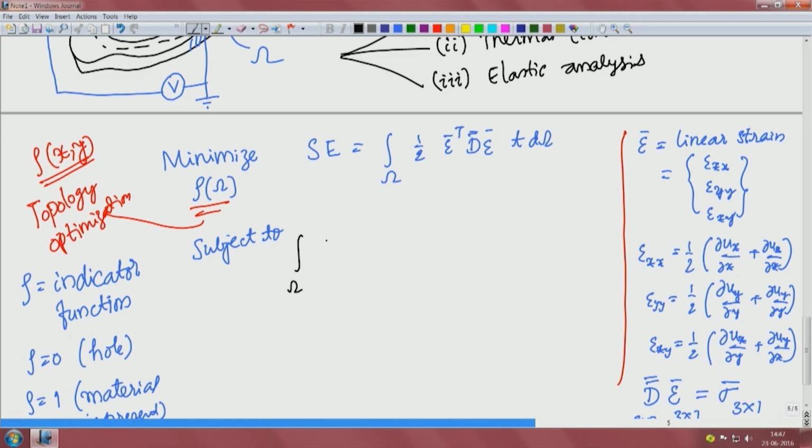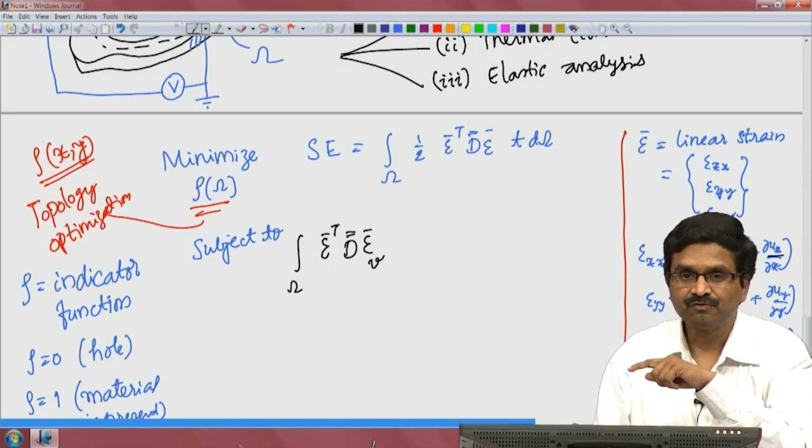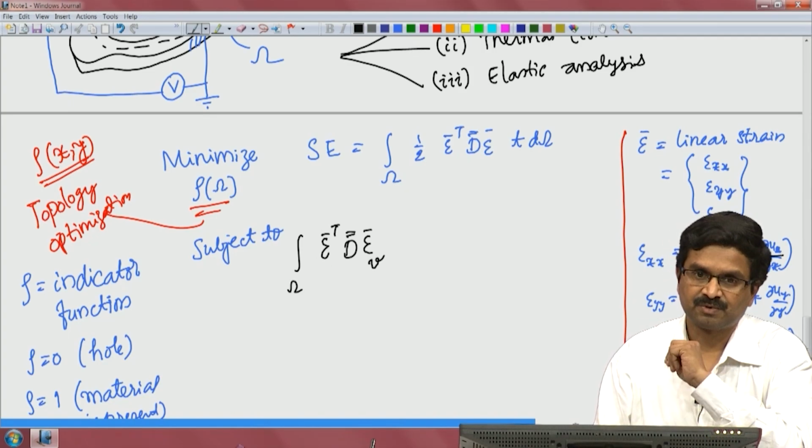That is, I would write this as epsilon transpose D epsilon v to indicate that it is a weak form, meaning that instead of ux uy here I would take vx and vy, where v is the variation of u or it is a weak variable corresponding to u.